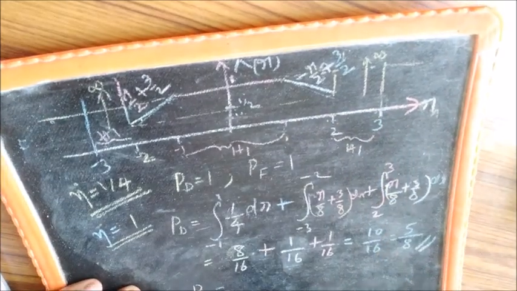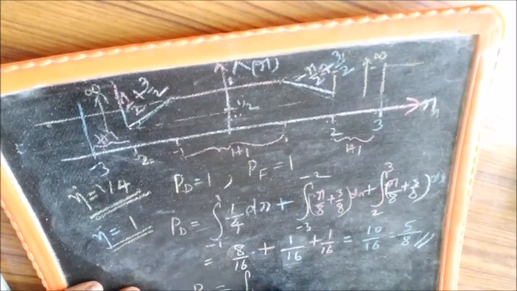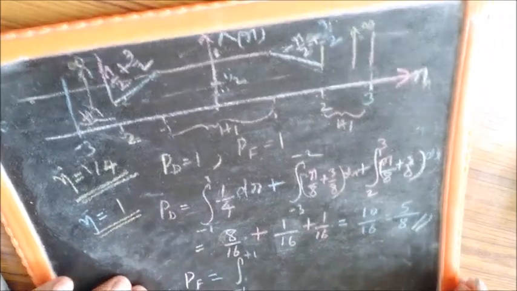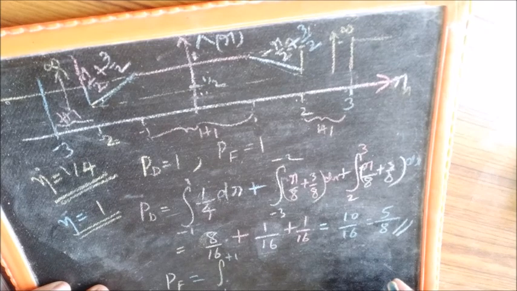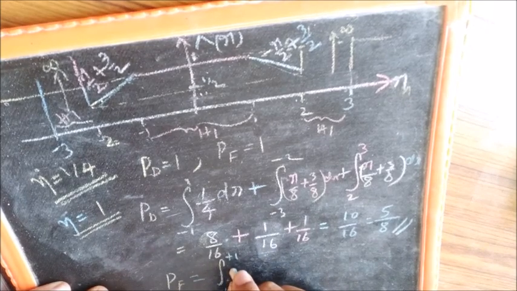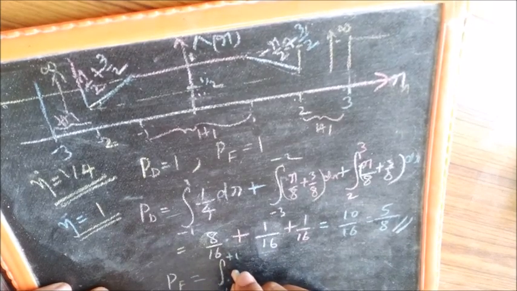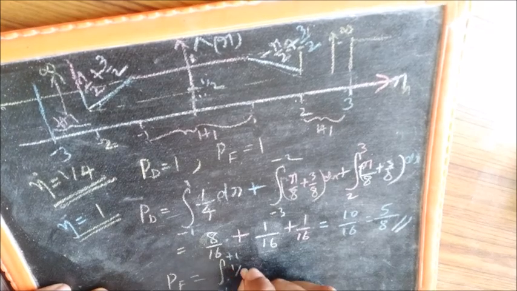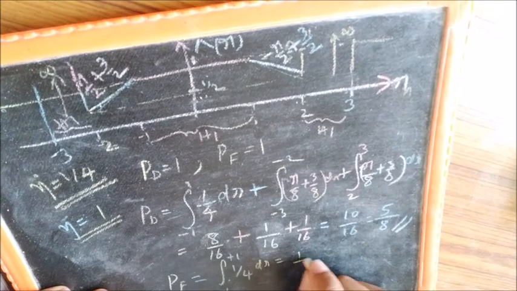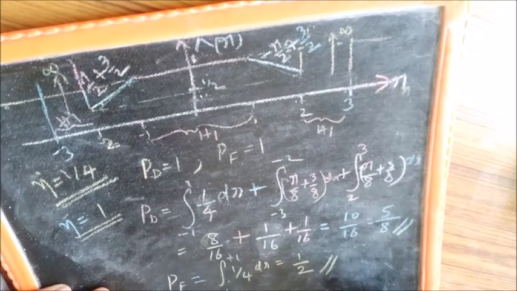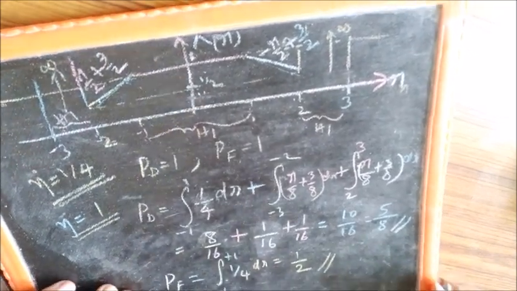So the probability of false alarm is the integral from minus 1 to plus 1 of 1 by 4 dR, which is 1 by 2. This is the probability of false alarm when eta is equal to 1.